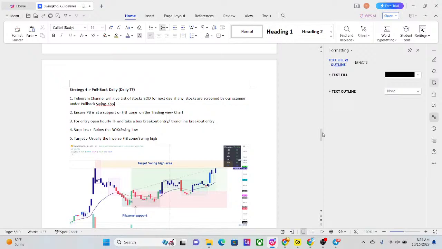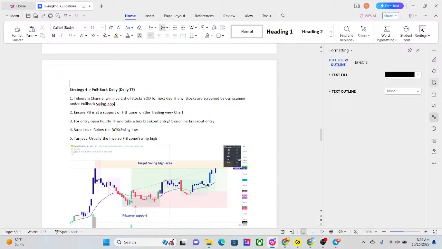So moving forward, pullback. Pullback gives a very low risk entry, with a small stop loss and bigger targets we can aim for. When we get some stocks on the Telegram channel, we have to ensure that it is near the fib zone or support level.